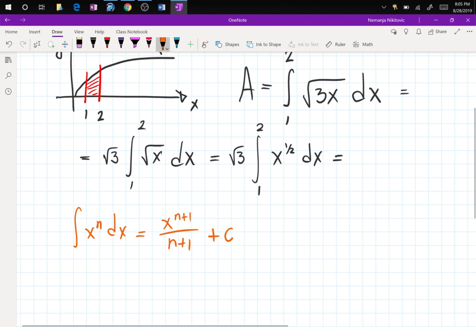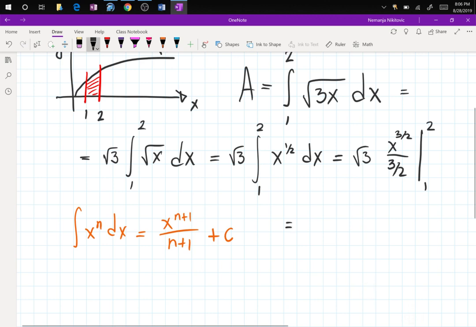So we integrate by adding 1 to a half, which is 3 halves. The answer over here is square root of 3 times x to the 3 halves divided by 3 halves, and now we are computing from 1 to 2. This vertical line means compute.